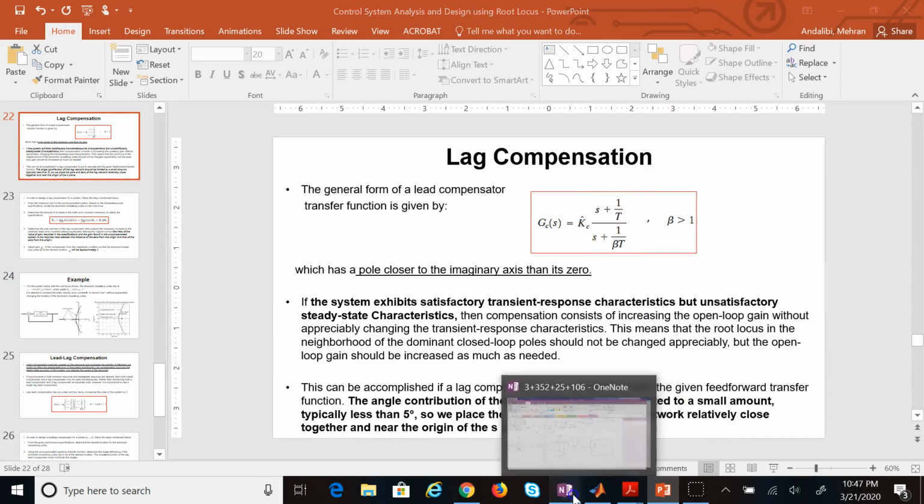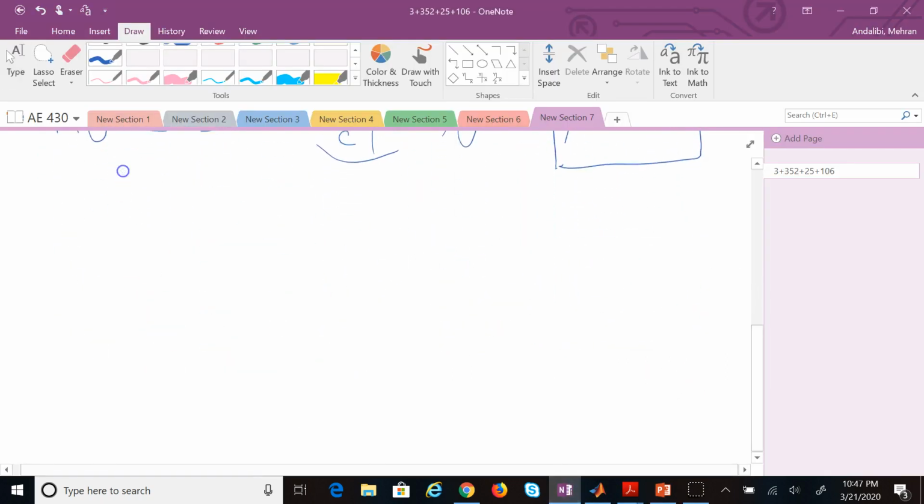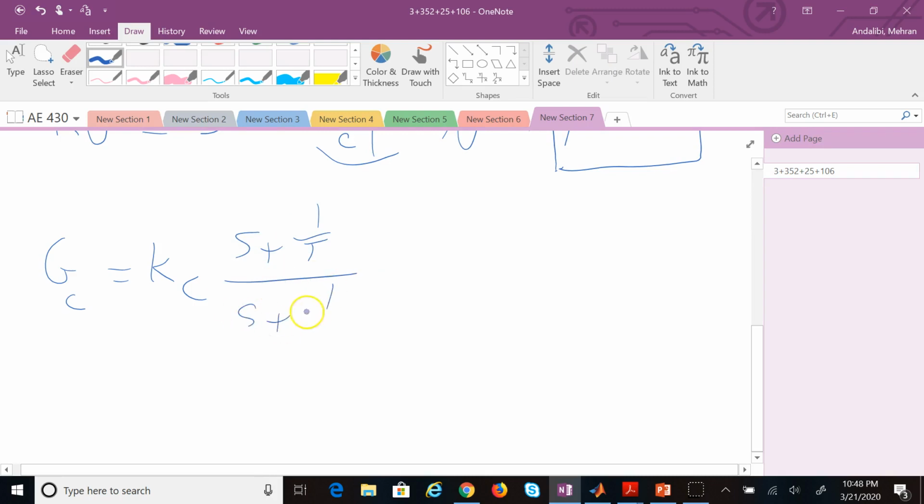So here it's time to choose the zero and pole of this compensator. So the compensator GC is Kc times s plus 1 over T divided by s plus 1 over beta times T, and beta in this case is 10.